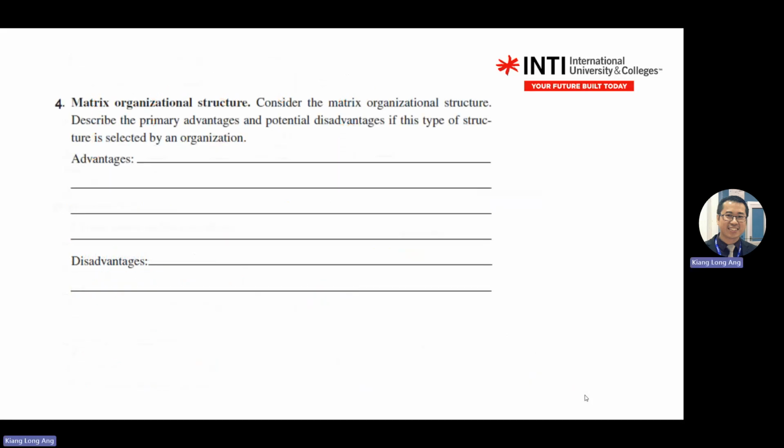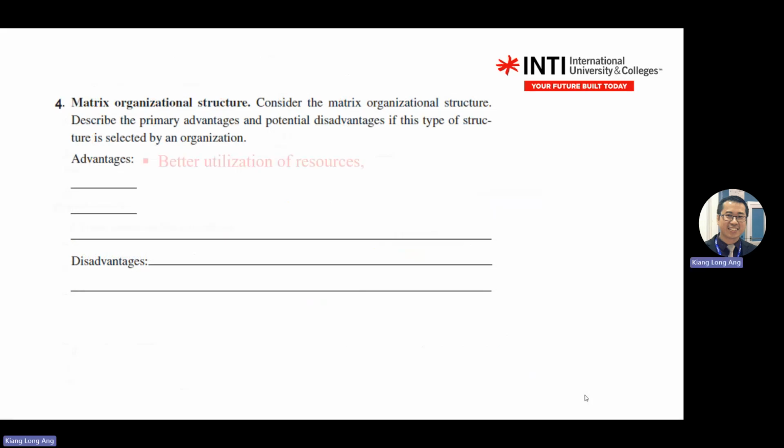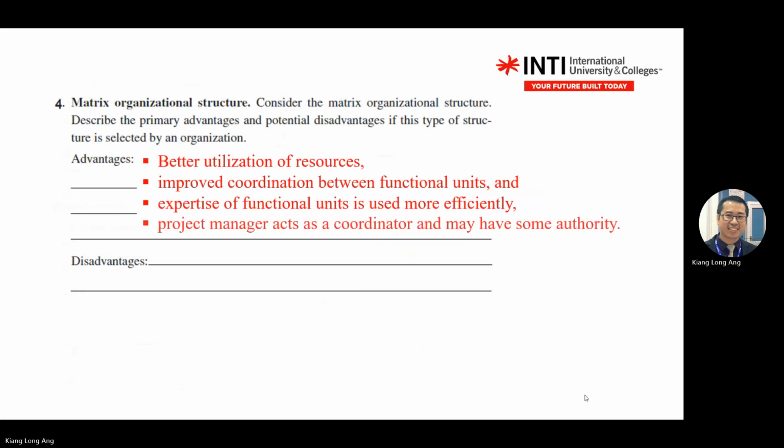Okay, number 4, matrix organization. Again, advantages, disadvantages. So again, you elaborate on the authority, reporting, and resources. This one also I give you the answer. For the matrix here, they have a good on resources because they need to share the resources.